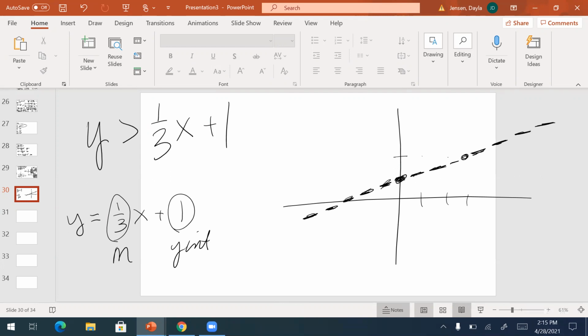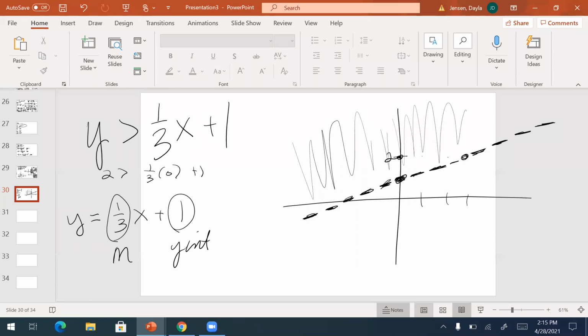Okay, so pick this value. This is a 2. Is 2 greater than 1/3 times 0 plus 1? Is 2 greater than 1? Yes. So this point right here is in the solution set. And in fact, every point above that line will satisfy this inequality.